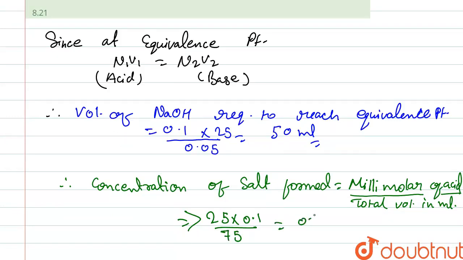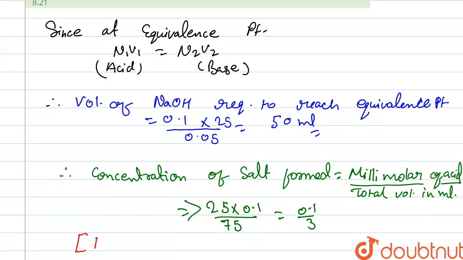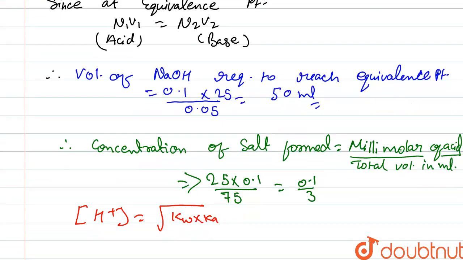which is equal to 0.1 upon 3, and we know that the concentration of H plus is equal to under root Kw into Ka upon C, right?